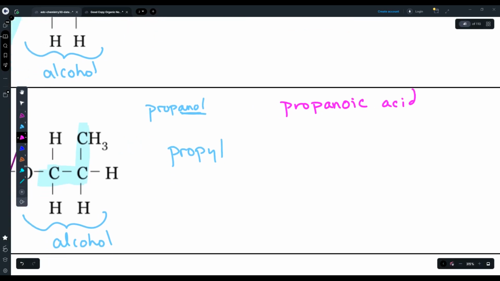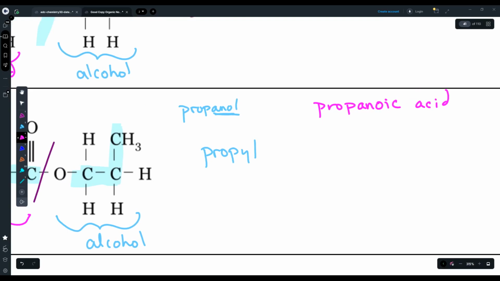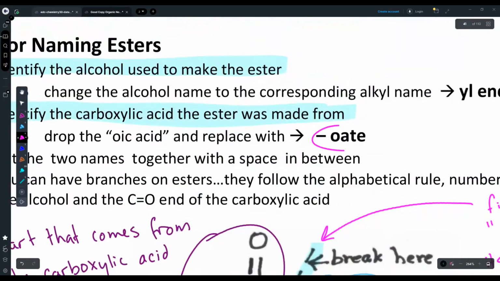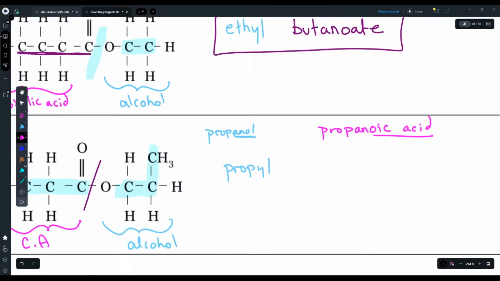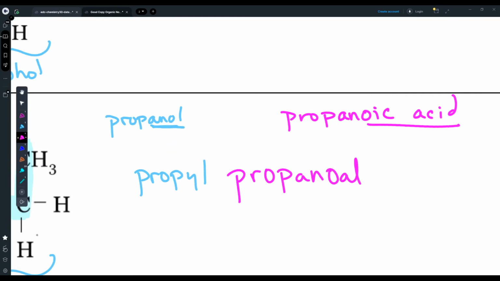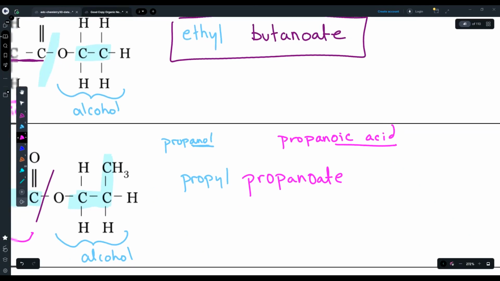But for the ester name, remember we have to take out that oic acid part and switch it to oate. So this would change to propanoate. So propanoate.